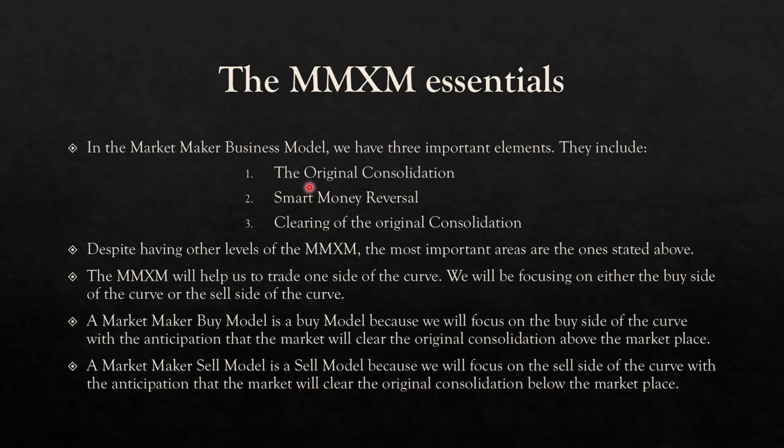So it doesn't mean that that particular original consolidation must be a clean, clear, visible consolidation. It can occur with even a single swing point. The idea is that it's a pool of liquidity, with or without the consolidation.